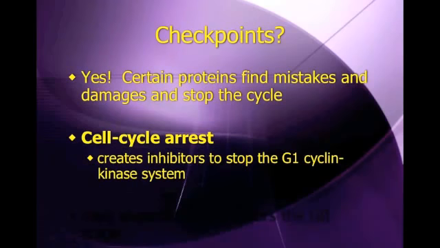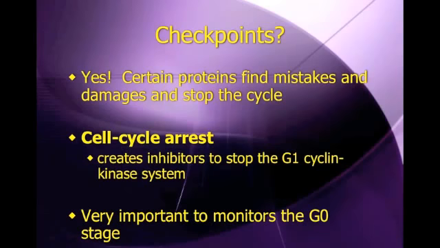So your cell can actually control this, but again, there are problems that can arise, and that's generally due to mutations in your DNA, because this is all controlled by your DNA. But there are points where the cell can notice if something's wrong. If it goes into arrest, it can stop the cell cycle, and it also often just kills those cells off and then creates more. So it's not that big a deal.